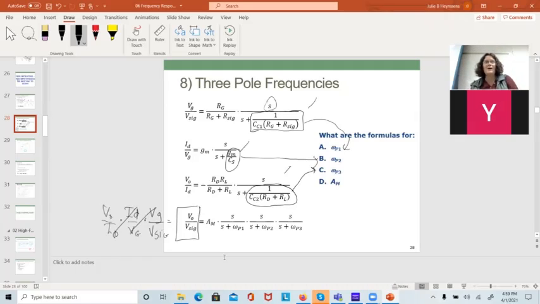So you get these complicated terms, but if you know how to read poles and zeros, and you have it factored, you just have to read off where those poles are. And the midband gain is going to be this times this times this, all three of them multiplied together.